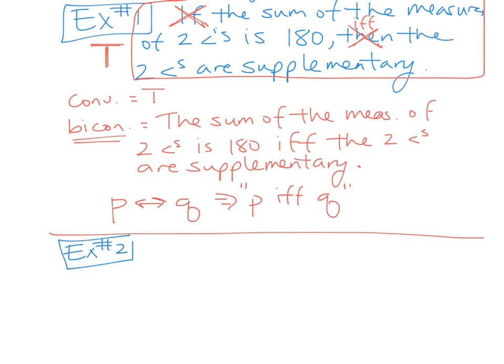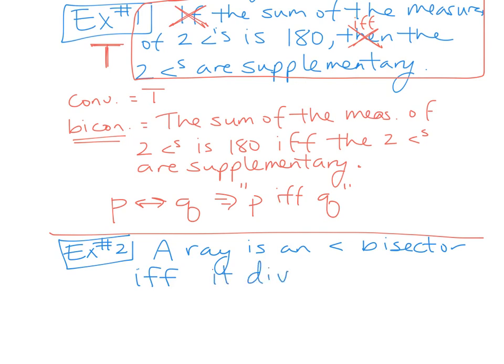My biconditional says a ray is an angle bisector if and only if it divides the angle into two congruent angles.